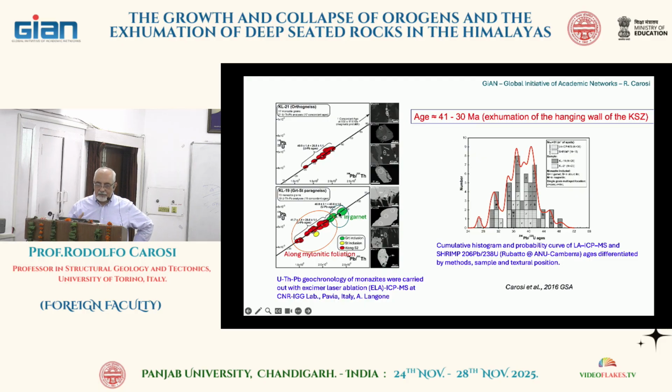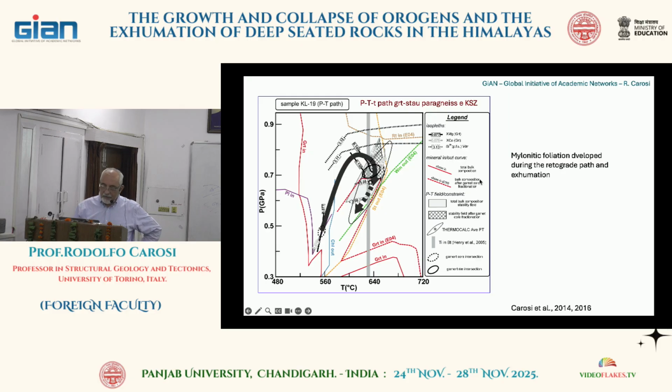This is related to increasing pressure and temperature of the garnet, so more or less the stage of prograde metamorphism after collision. Instead, the red edges, this one and this one, are along the foliation and are concentrated between 41 and 30 million years.